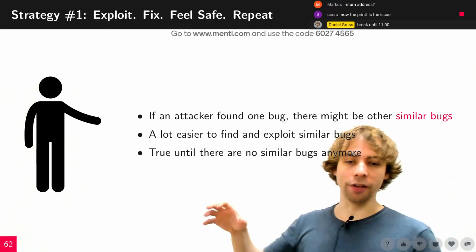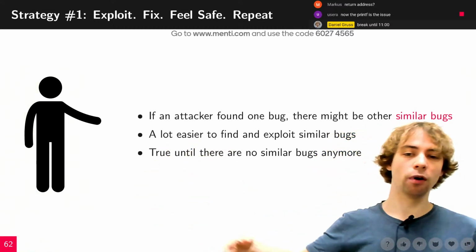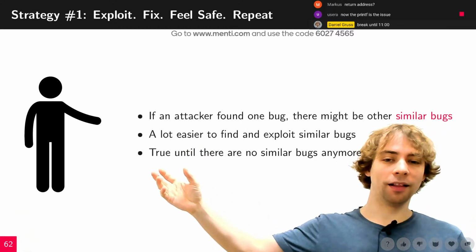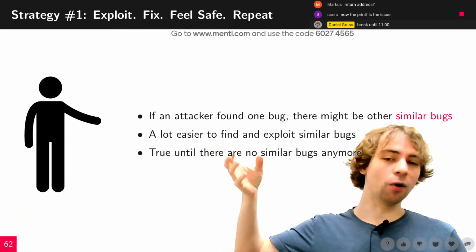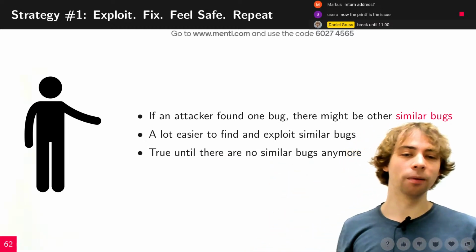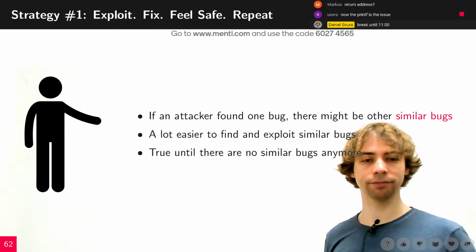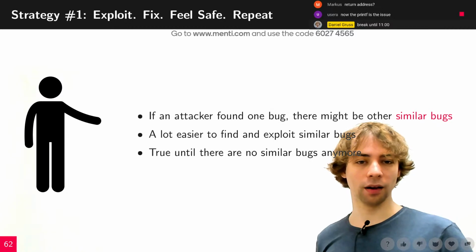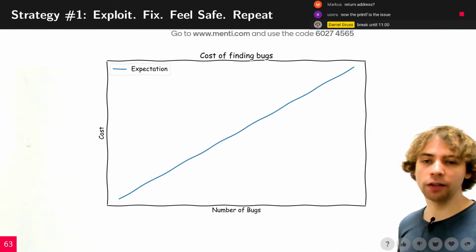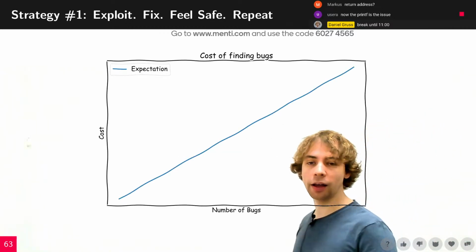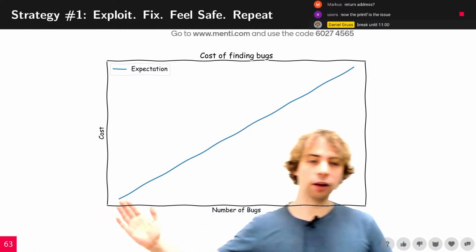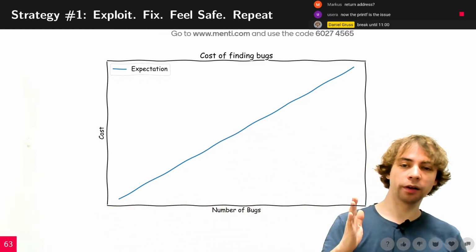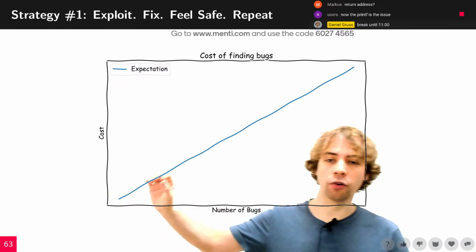And of course, then you can search for more bugs, but this only works until there are no similar bugs left anymore. If you would plot this, basically the expectation would be that with an increasing number of bugs, the cost also grows linearly.